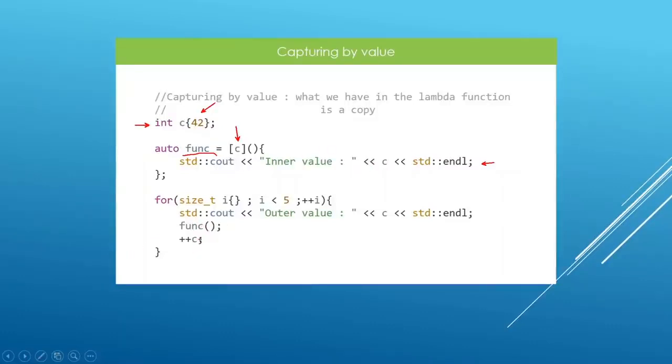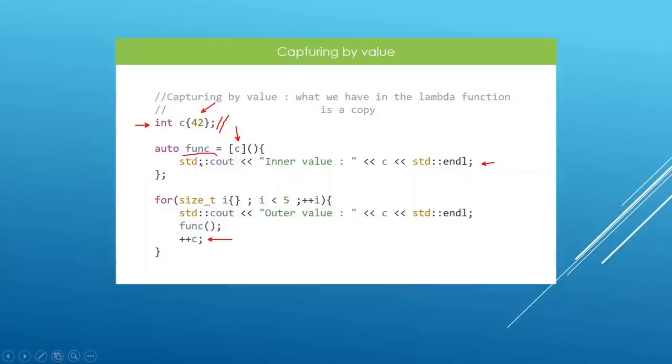After that, we're going to increment our c variable, and this is going to increment the outer variable. What we want to see is that the changes we are doing on the outside are picked up by the inner value that we have in our lambda function. I hate to break it to you, this is not going to be the case, because what we have inside the lambda function is a copy of the outside variable.